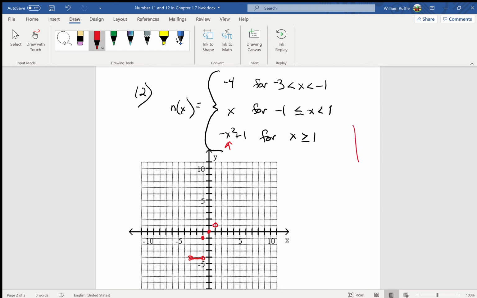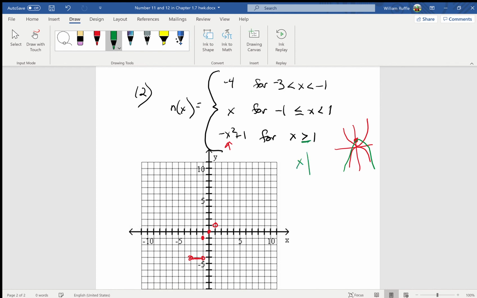If I were to look at the original graph for a parabola, it goes like this. But the negative's out front, so it's going to flip it. But then it's plus 1, so I'm going to raise it 1. So in the end, we're going to have something that looks like that. Now, we must start at x greater than or equal to 1, though.